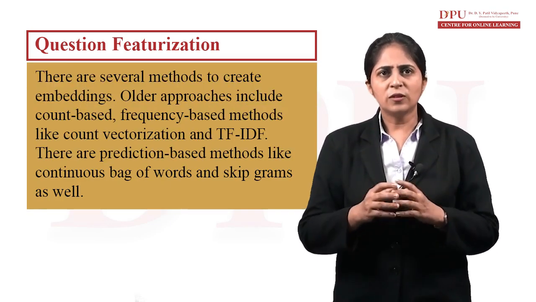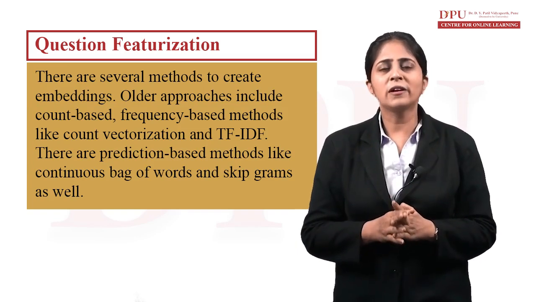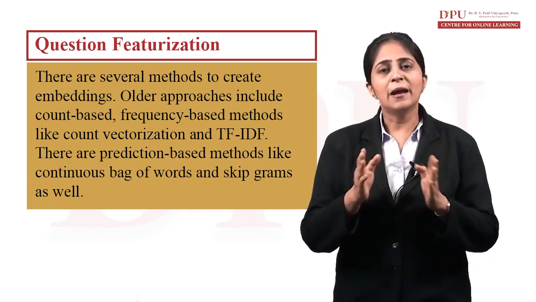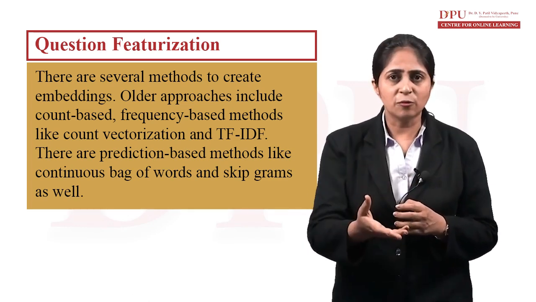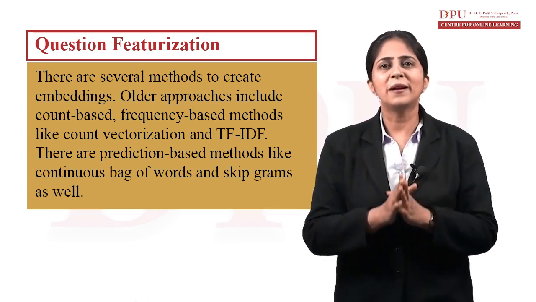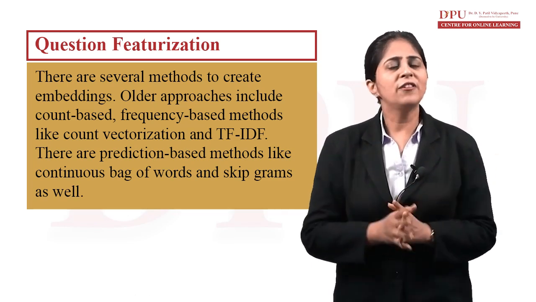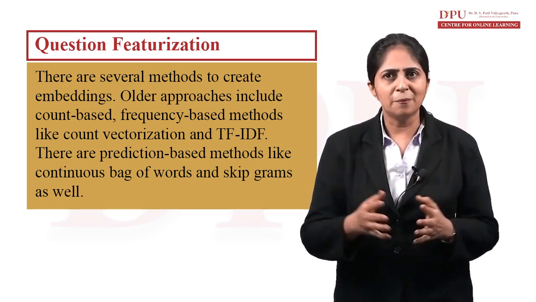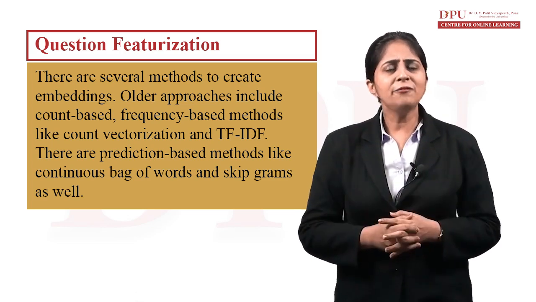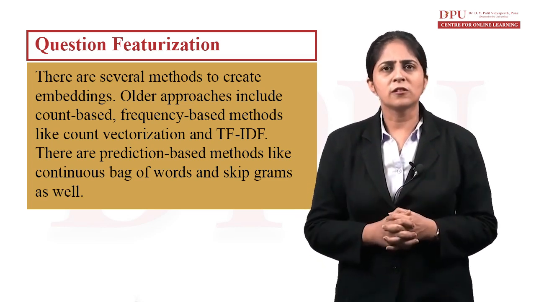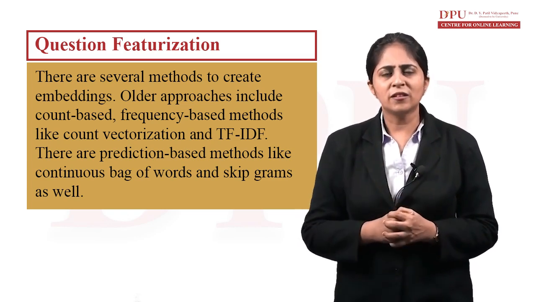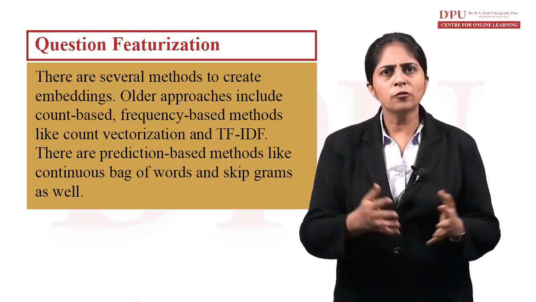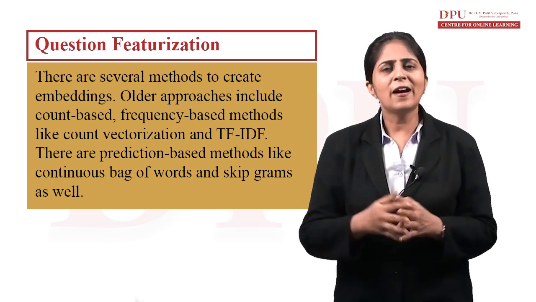There are several methods to create the embeddings. Embedding means converting the words, the text we can say, into some mathematical form. We have various methods to create such embeddings. Earlier we had some older approaches which included count based, frequency based methods, like count vectorization and TF-IDF.